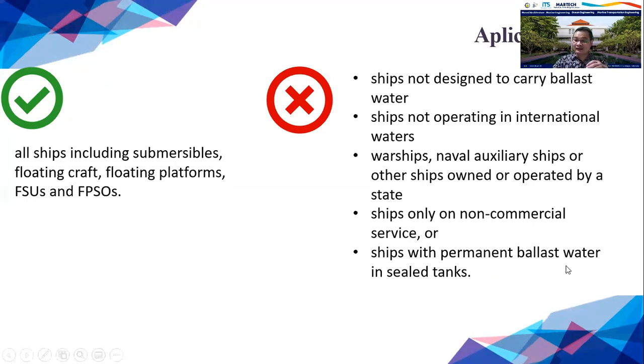I mean that the ballast water is not necessary to be discharged. So it means even though it is water, it's sealed. Sealed means that it's not discharged to another place or another port.